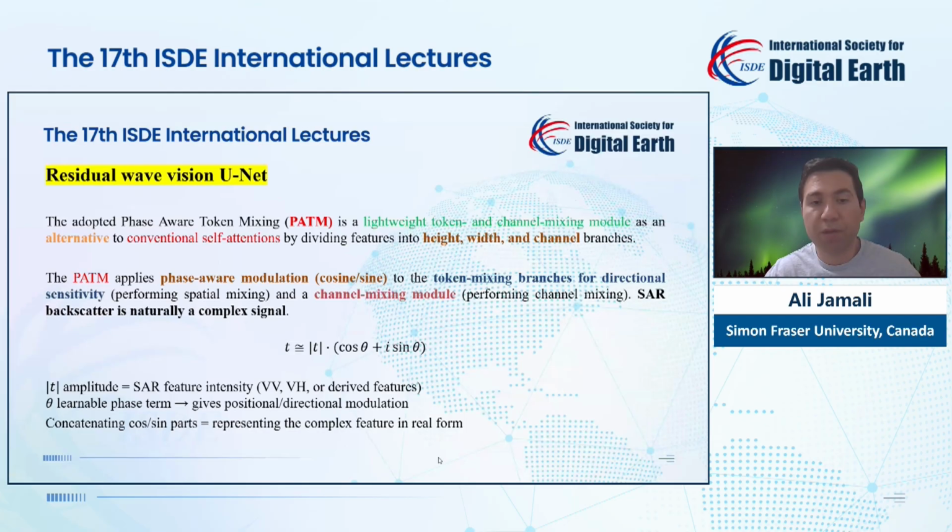So you can have this t. You can consider t as the SAR feature intensity, VV, VH, or whatever features you are deriving from this dual polarization signal. It can be VV plus VH, VV minus VH, or whatever you are considering.